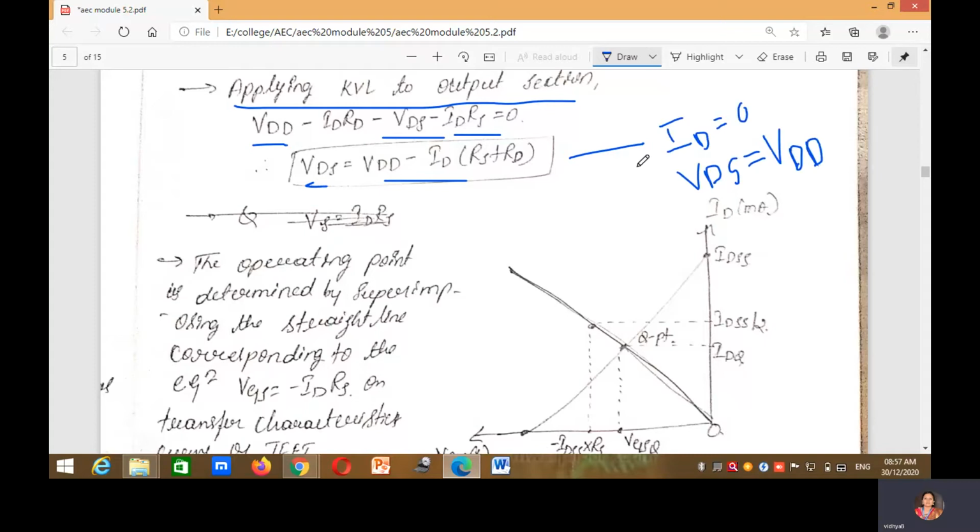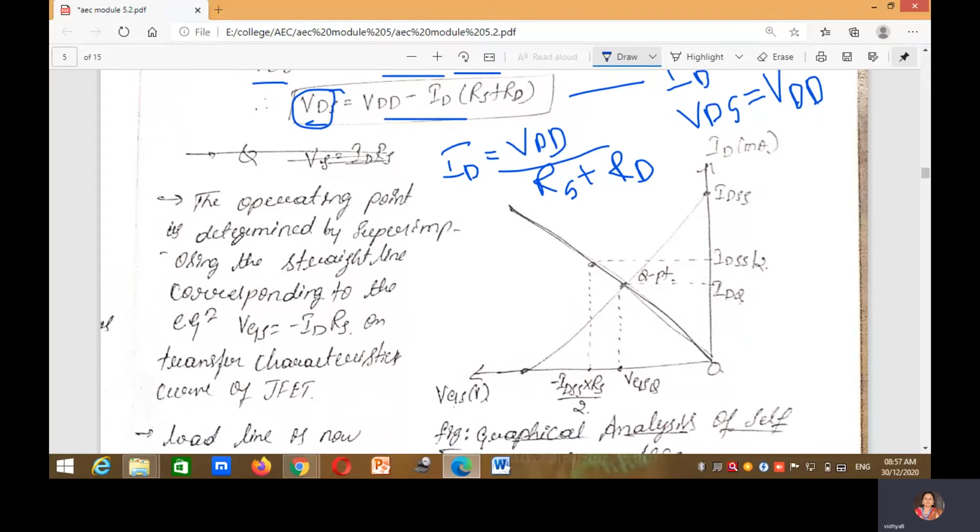What about if VDS is equal to 0? Then what will you get? ID is equal to VDD divided by RS plus RD. This is what you will get.